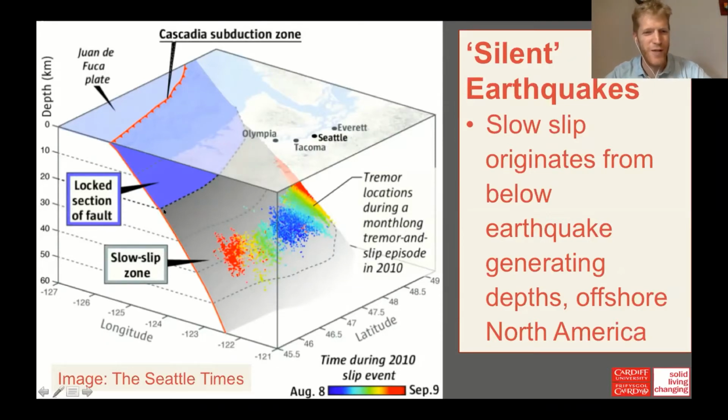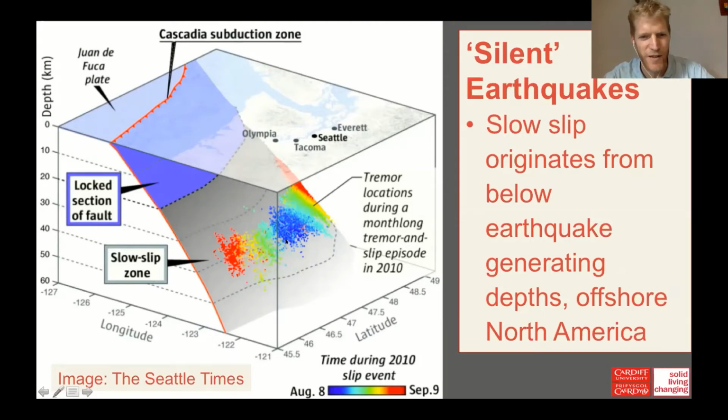So like in the animation, the oceanic lithosphere is sinking. It's pulling the continent with it down to a depth of about 20 to 30 kilometers. And below that, before year 2000 or so, we thought that the ocean crust was just steadily pulling down, not connected to the continent.